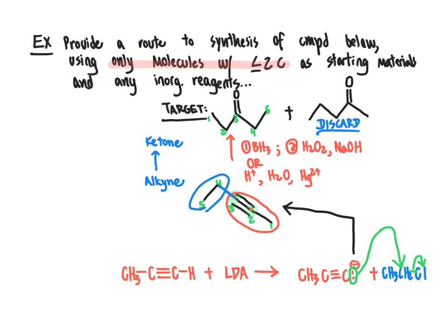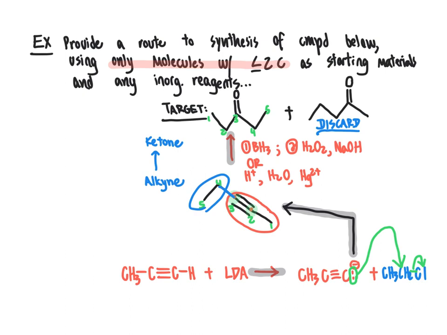All right, so we're working backwards, going from our ketone, then back another step to taking a deprotonated alkyne and reacting with an electrophile. Back one step again to get back to our 3-carbon alkyne plus our base.